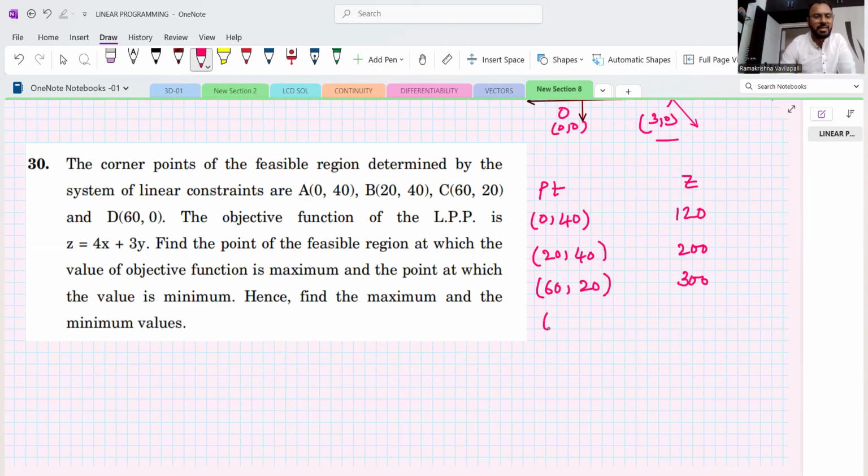And finally (60, 0): you will get 240. So this is the maximum and this is the minimum. All right. Over.